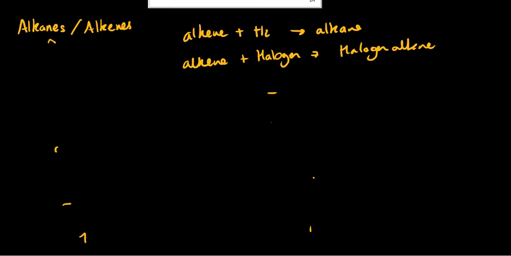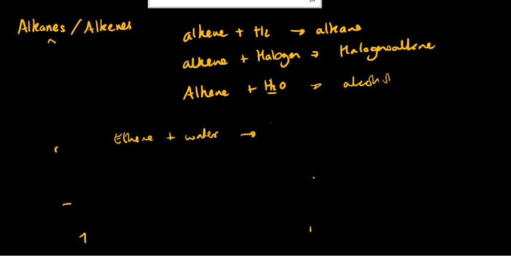Other things we can do is we could have an alkene, and to the alkene we could add water, and that is going to result in the formation of an alcohol. So let's say, for example, if I had ethene and I added water to ethene, I end up creating ethanol.